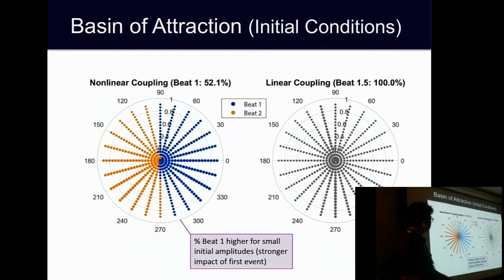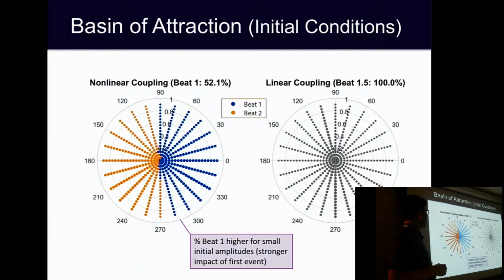Also, if you have a good eye, you can see that if you look at the area near the origin, those are the initial conditions with small amplitude. You see more blue here than orange. But further out, it's more like 50-50, right?